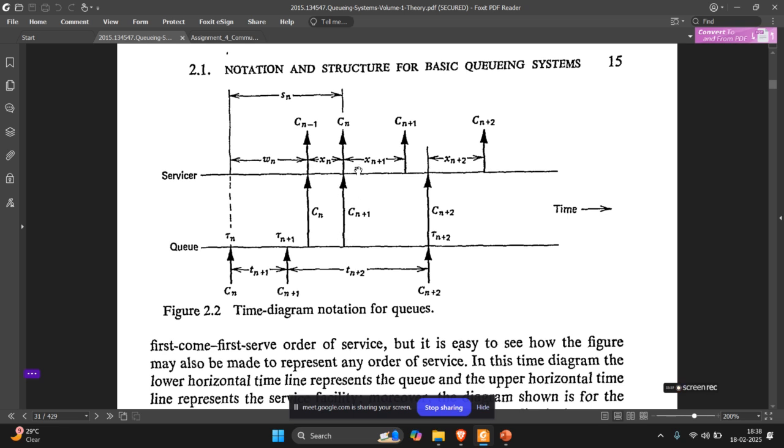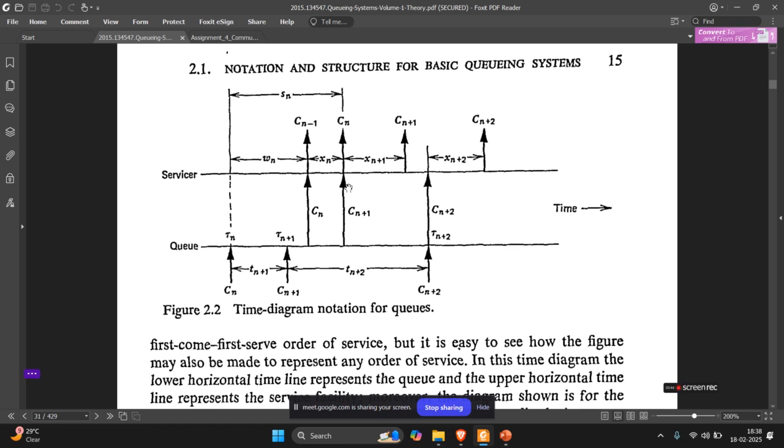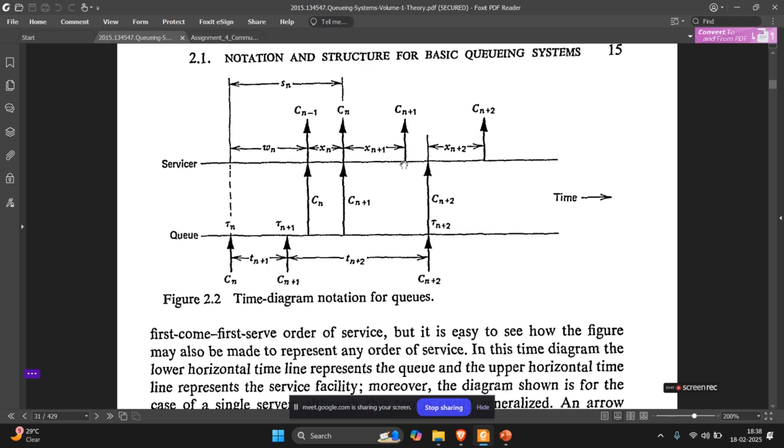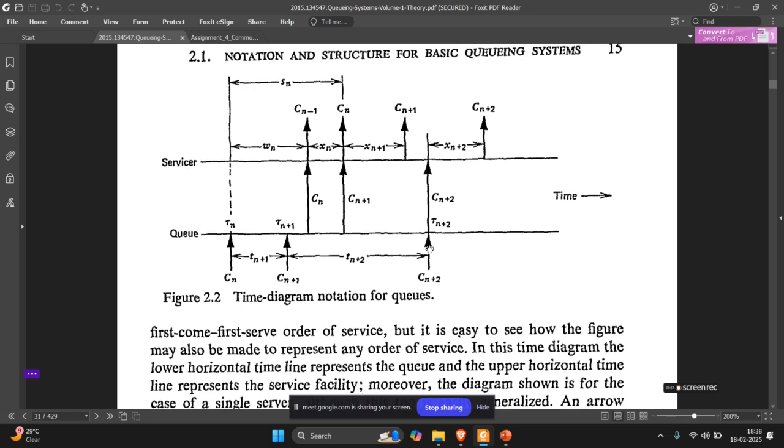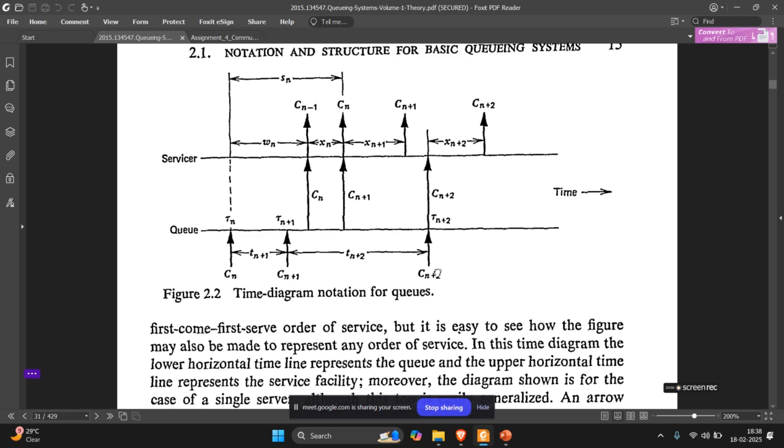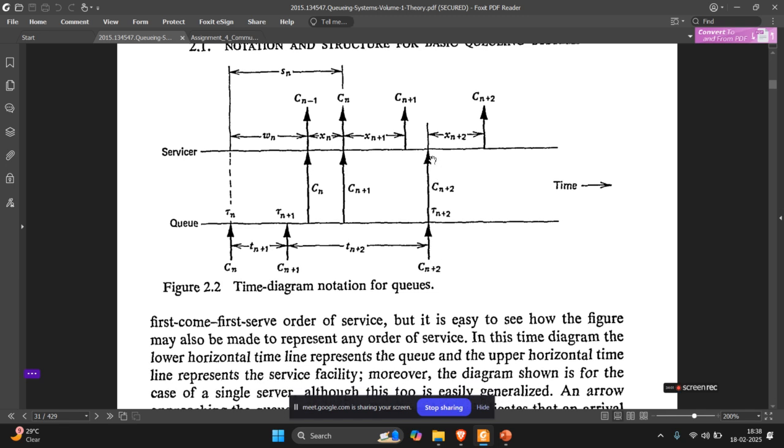Once Cn exits the system, the Cn plus 1 packet which has arrived here will finally go to service, and it will finish servicing after some time. But no new packet has come, so the queue is currently empty. Then the Cn plus 2 packet comes, and as the queue is empty, it immediately goes to service.